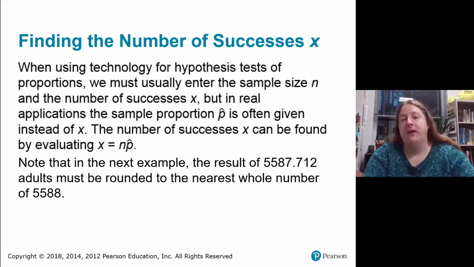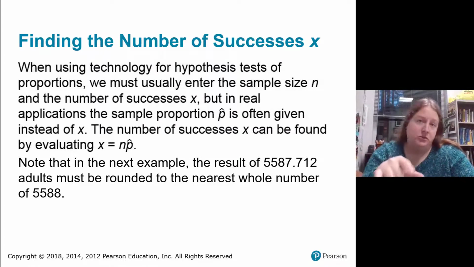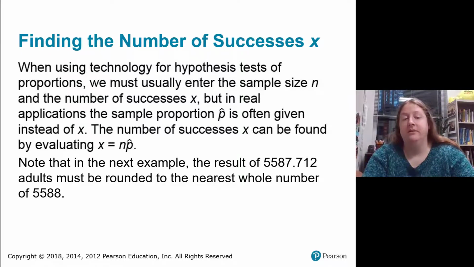Instead of telling you 545 of 1009 said no. So the number of successes, we can find as long as we know the sample proportion and the sample size. So this is, again, just remember that algebra is a tool that's useful to you. So for x, n, and p-hat, as long as you know 2 out of 3, you can find the third.